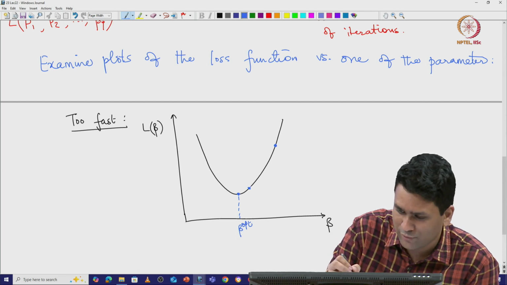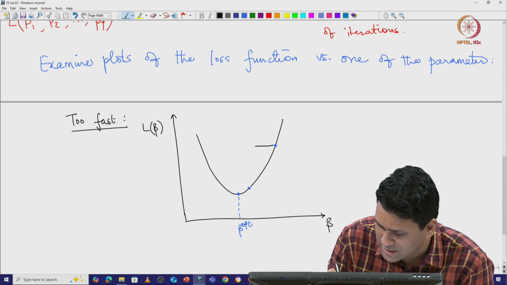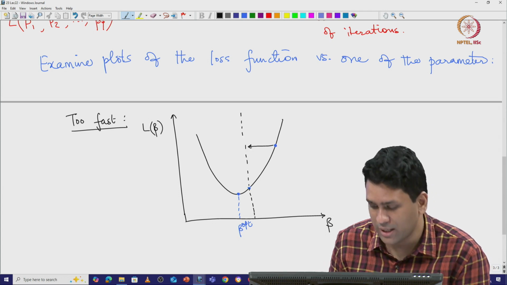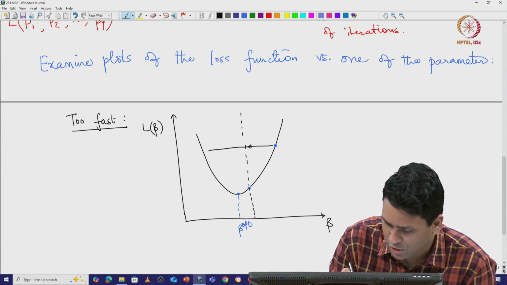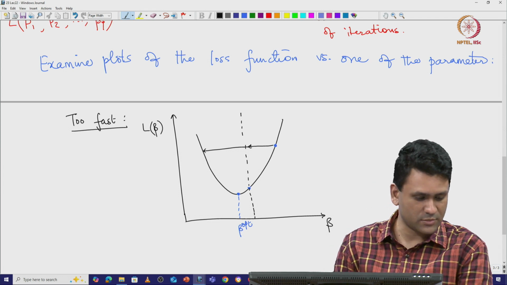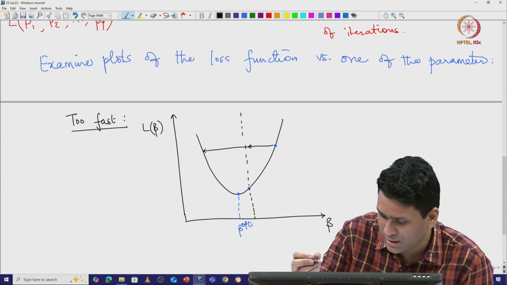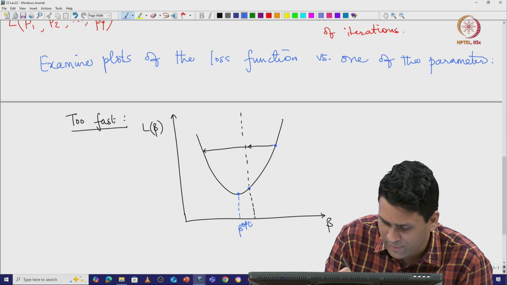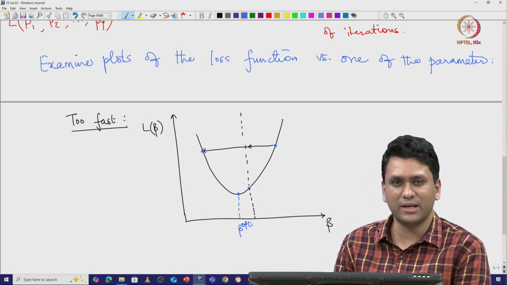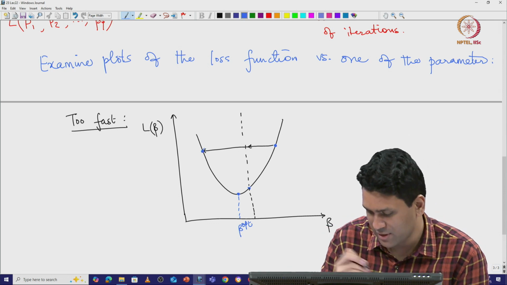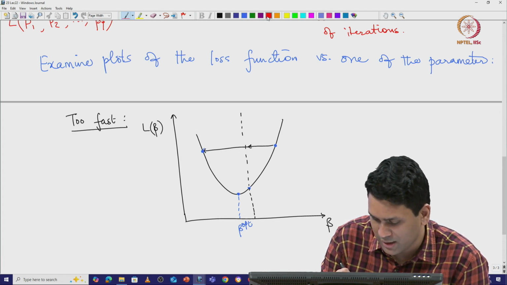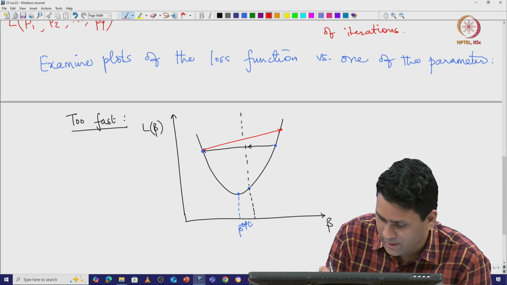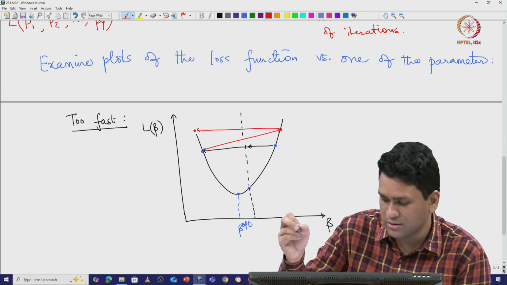instead of landing somewhere here you may overshoot. If you had to land here, you had to traverse this distance in terms of beta. This is where you would have come, but let us say your gamma was so high that you overshot and reached somewhere here. So instead of the loss function reducing, it remained the same or perhaps could have even increased. Then the next time you tried to fix it, but again the learning rate was too high, so maybe you reach some point here and this continues.